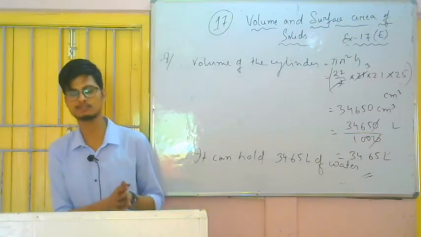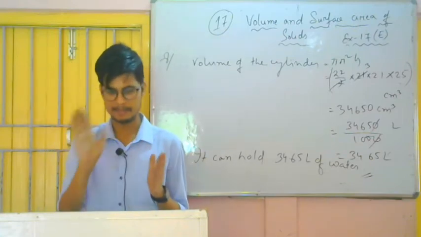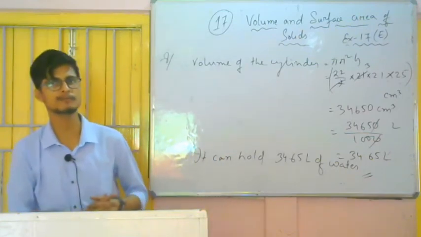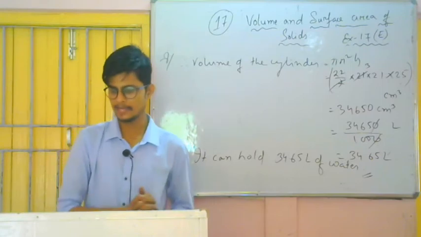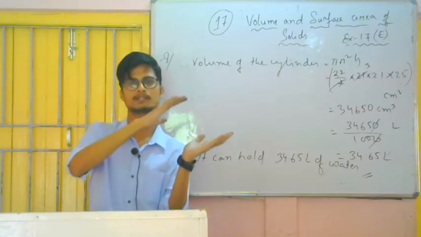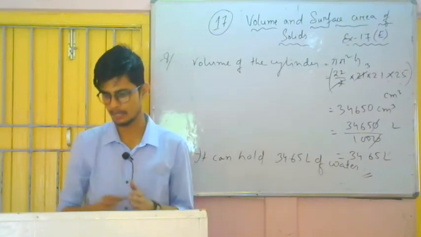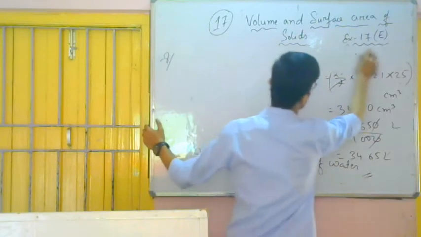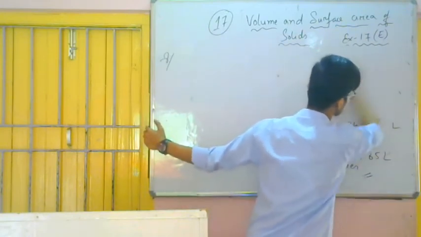So the question is to find the volume of this metal. Earlier I gave you the formula to find the volume of the hollow cylinder. It is pi r square h, that is, the radius of the bigger cylinder minus the smaller one. So same thing. First of all, I will find one by one, and then I will calculate.